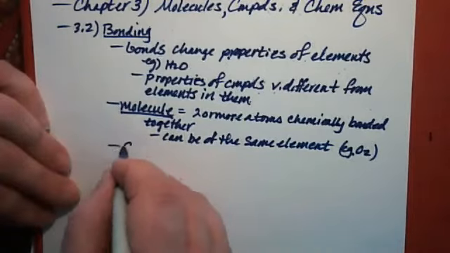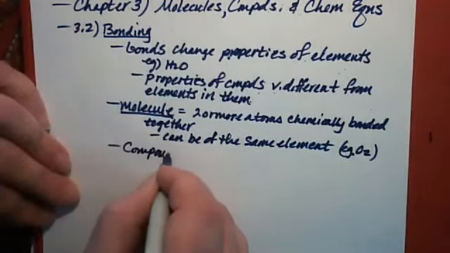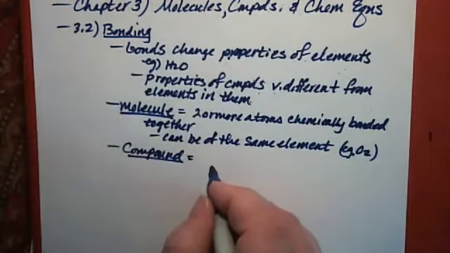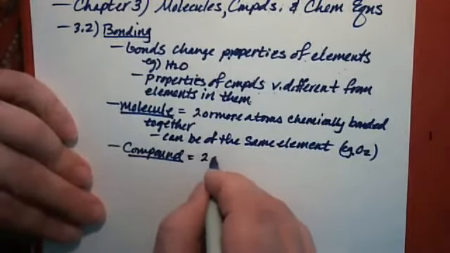A compound is two or more atoms of different elements chemically bonded together.